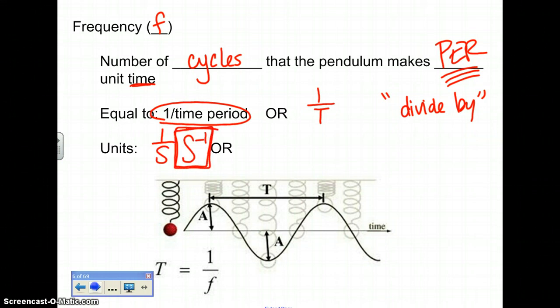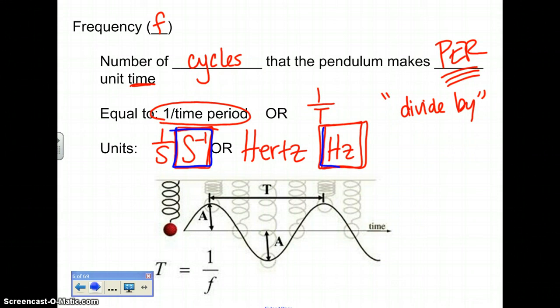But an s to the negative first is also known as a hertz, in which hertz is abbreviated as a capital H and a lowercase z. So these two units are the ones that I want you to be familiar with when we talk about frequency. Your frequency can be measured in per seconds. Makes sense, right? 1 over an s is a per second.